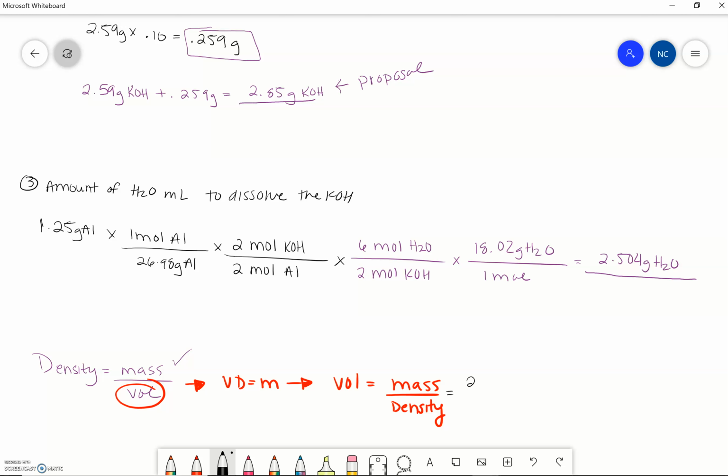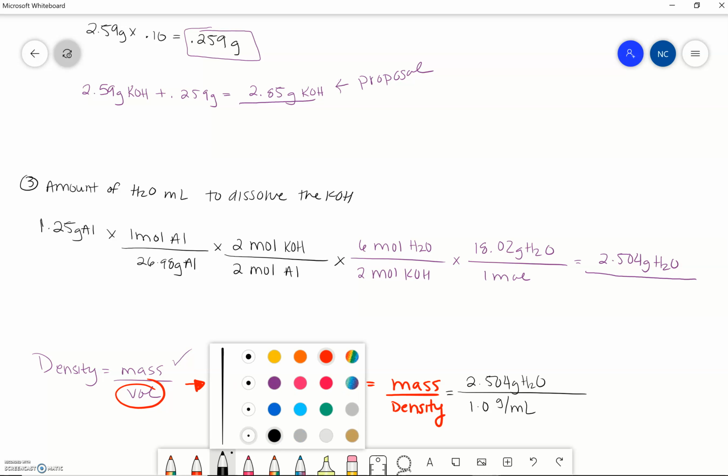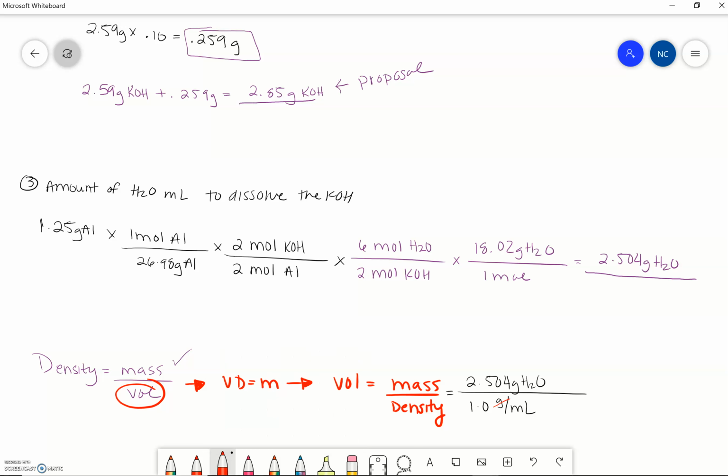The mass is 2.504 grams, and the density is what you would look up, and the density of water in grams per milliliter is 1. Grams cancels out, and you're just left with milliliters.